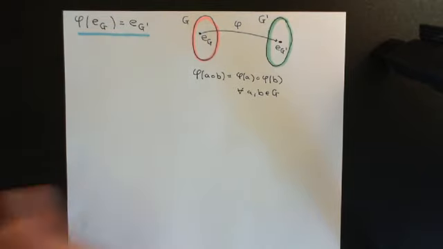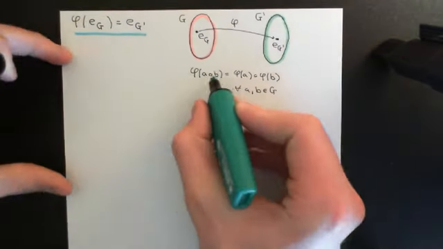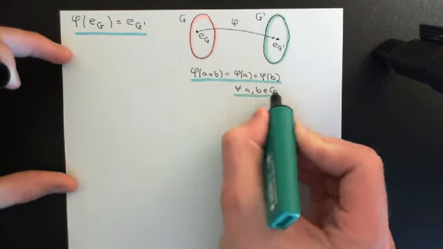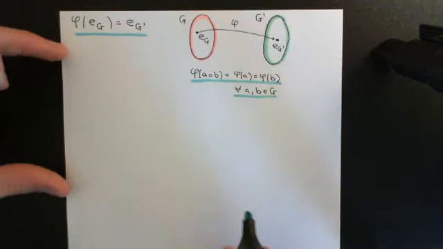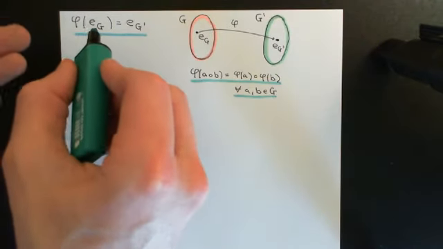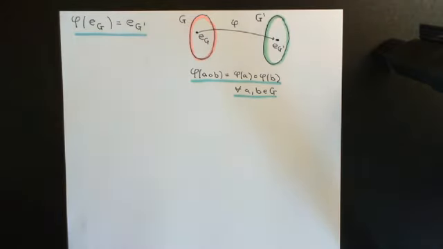That's all we have. That's all that is special about a homomorphism. Otherwise, it's just an arbitrary map between two groups. So the only way we could possibly prove that in the case of all homomorphisms, the identity is mapped onto the identity is using this property.